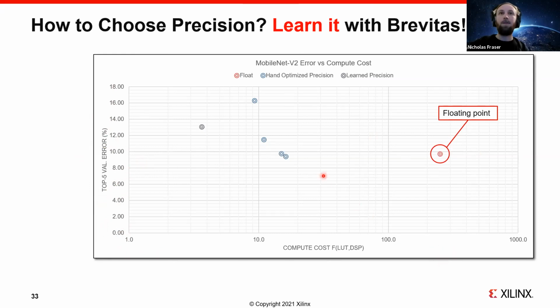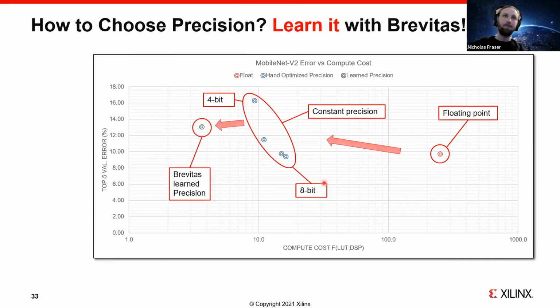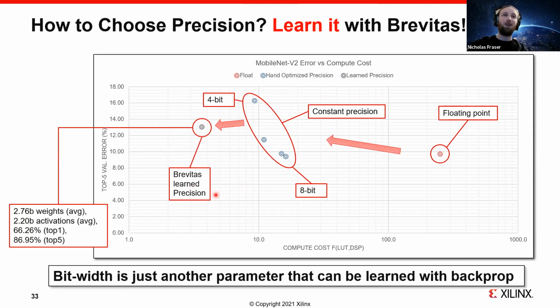Okay. And this is a few different examples of quantizing MobileNet V2 with different types of constant precision that are available in the literature. And this is what you get if you use Brevitas to actually learn the precision. So in this example, on average, the bit width of the weights is around 2.8.